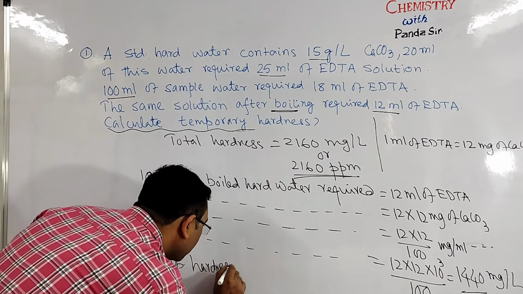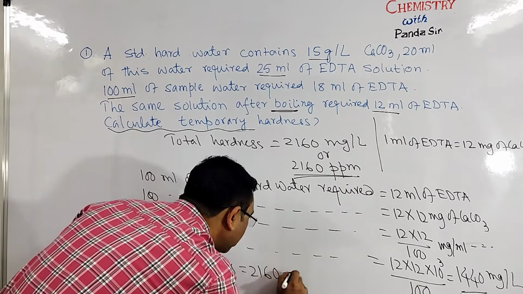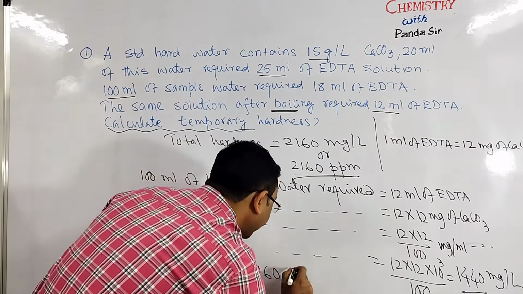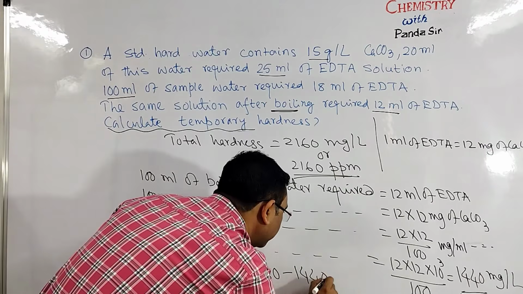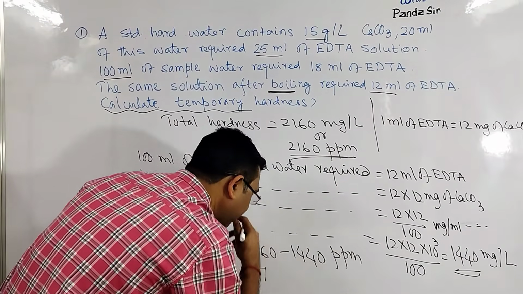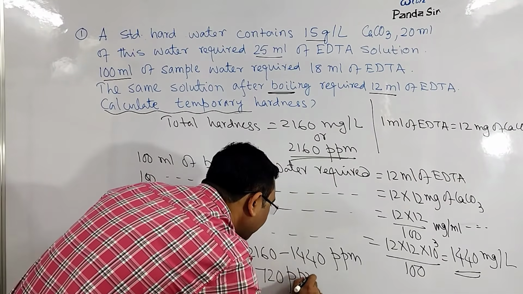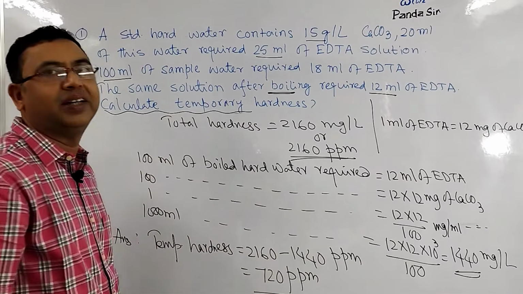So temporary hardness equals total hardness, which is 2160, minus the permanent hardness, which is 1440 ppm. So we get 720 ppm as my ultimate answer.